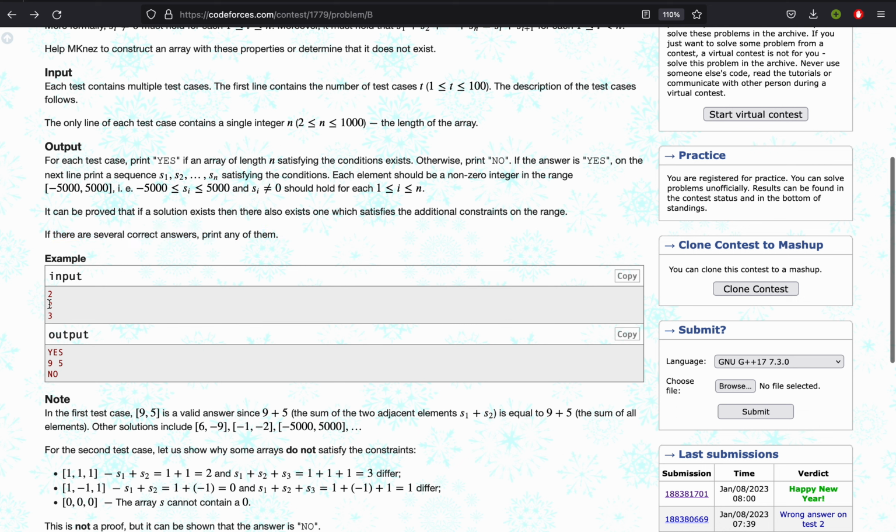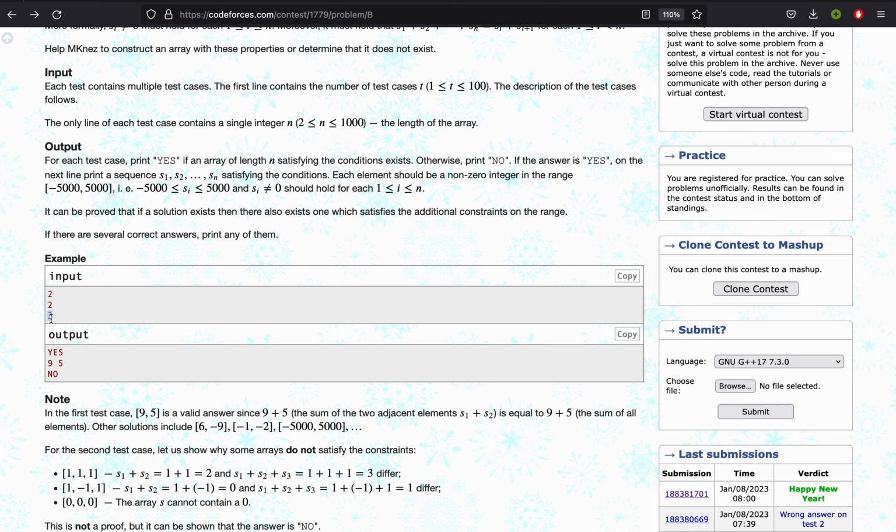If n is equal to 2, then our answer can be minus 1, 1, because the total sum is 0, and the adjacent pair sum is also 0.